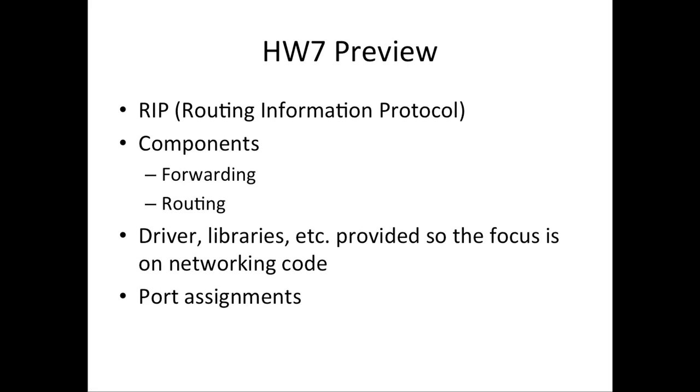So you'll have a graph, and you'll need to implement one of the distance vector routing protocols. It's a combination of these two components. We have a router that can not only discover changes in the topology, but also forward the packets. So that's the preview for homework 7.